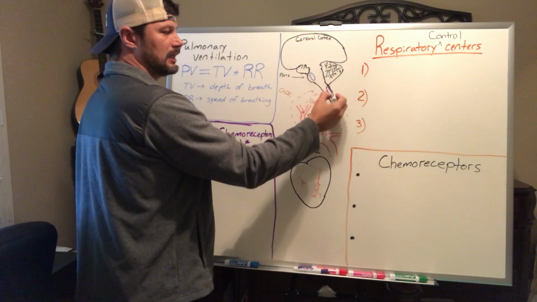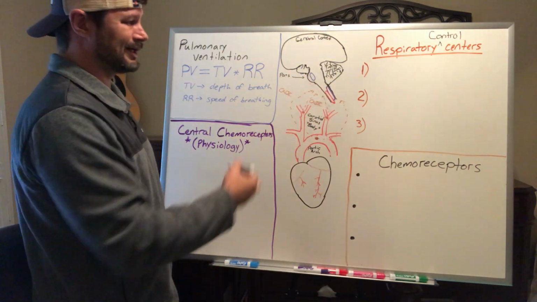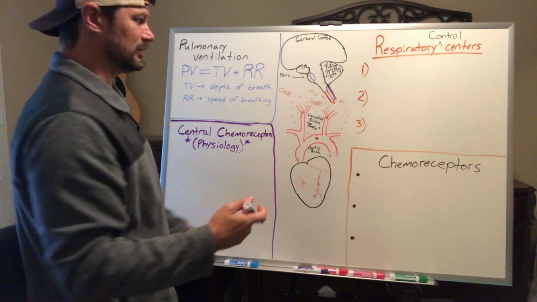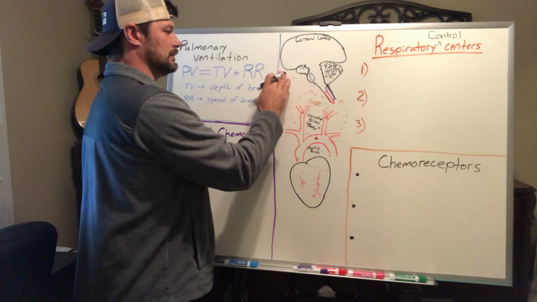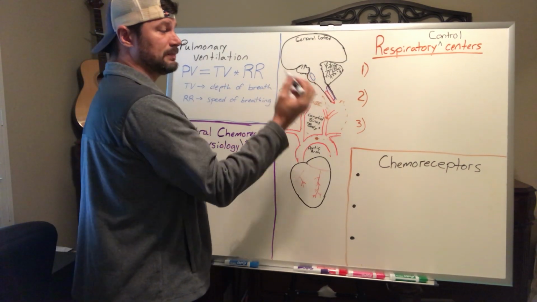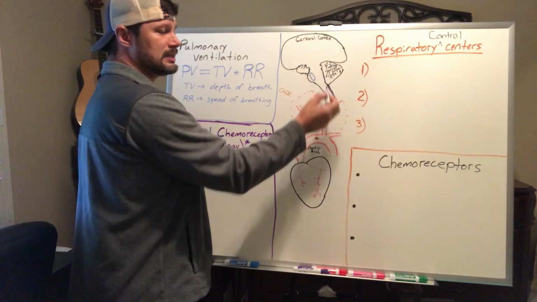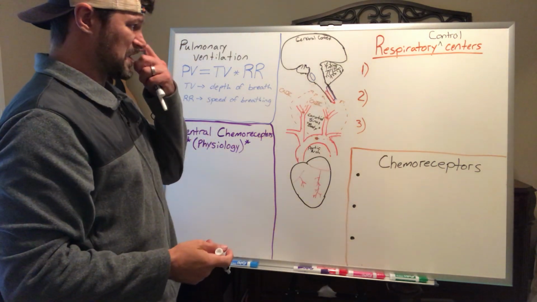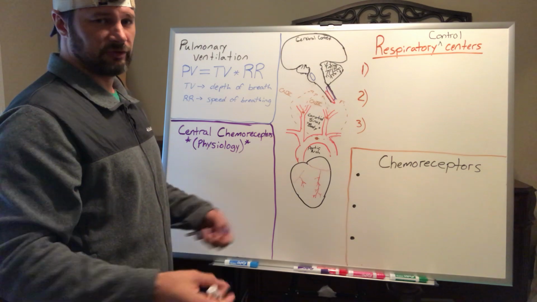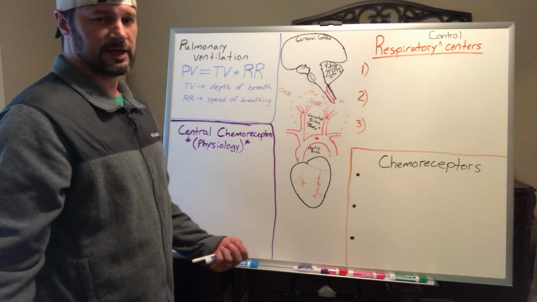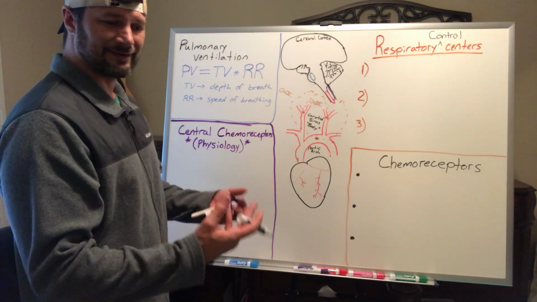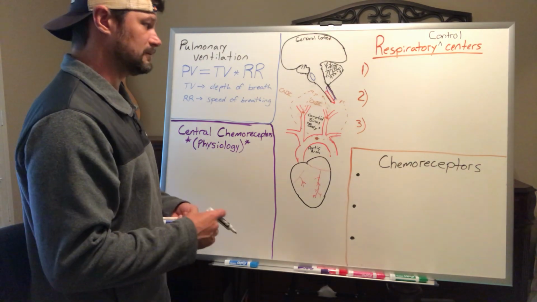And then this back here would be the medulla oblongata. I'm not going to write it in because it's going to take up too much space. Okay, so that region, the bump, is the pons, and everything behind it is the medulla oblongata. And I didn't draw this perfectly. I'm not a great artist, but you don't have to be to try to understand physiology, because physiology is about the function.